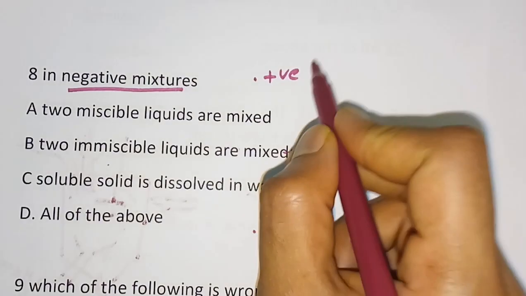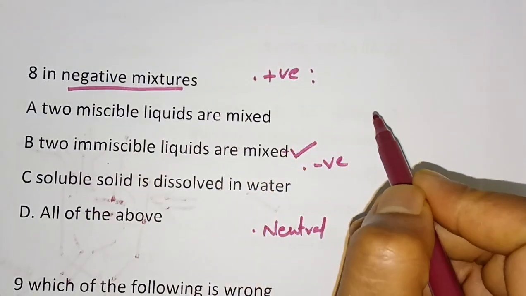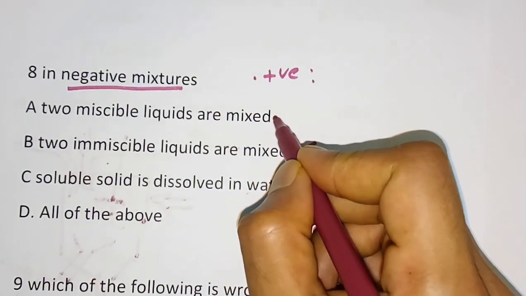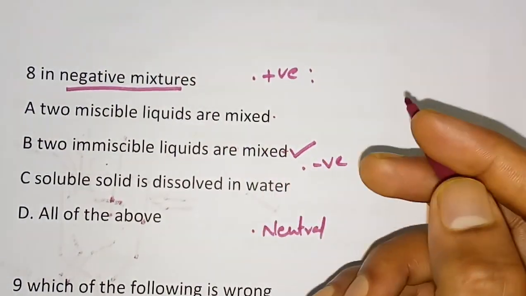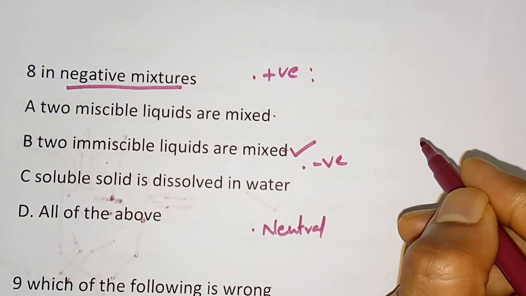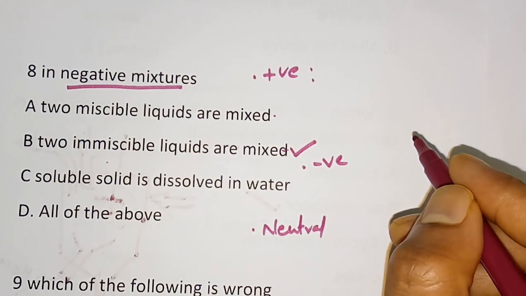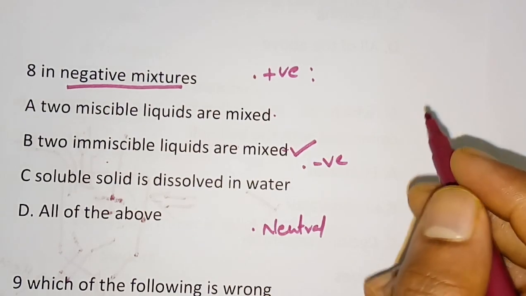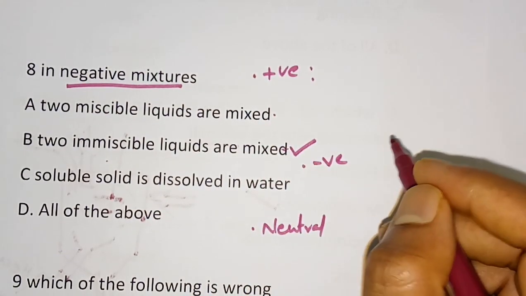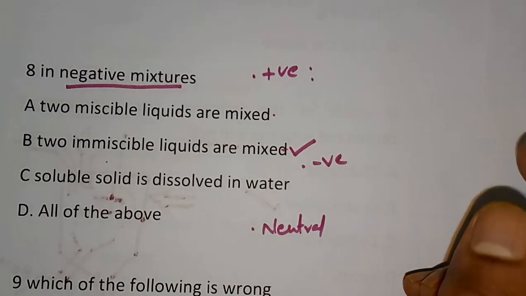In case of positive mixture, two miscible liquids are mixed, or soluble solids are dissolved in water. Suppose we add sodium chloride in the water, it will be soluble.